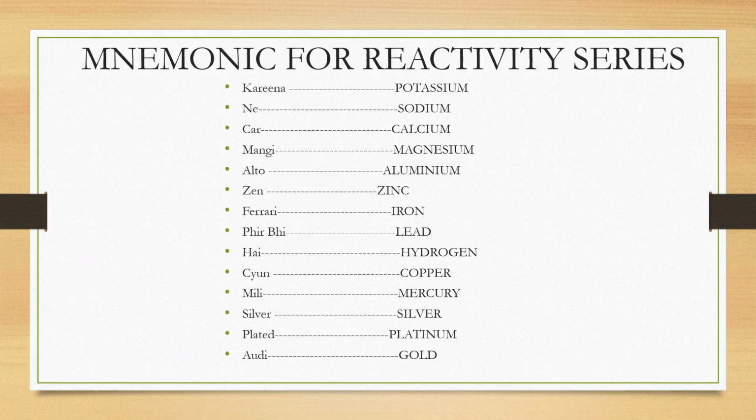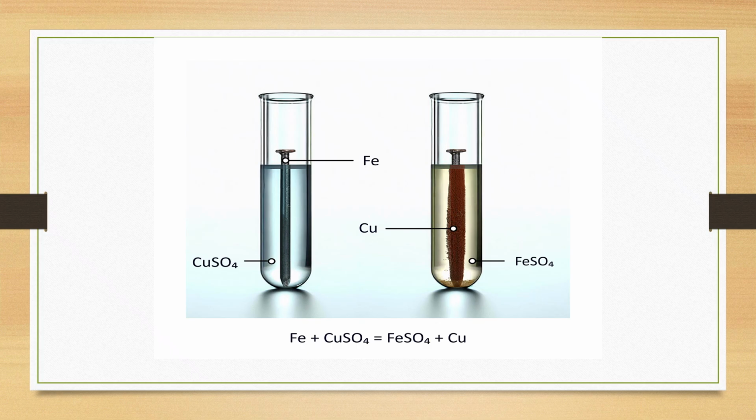Okay, now moving towards our next slide, that is the important and most asked reaction. In this reaction you can see that there is a test tube in which you are having copper sulfate and one iron nail is dipped in it.